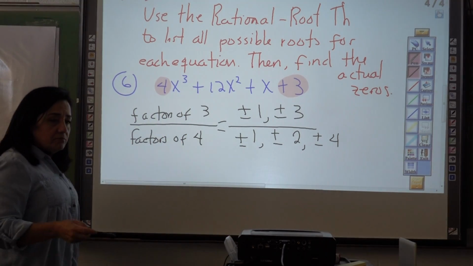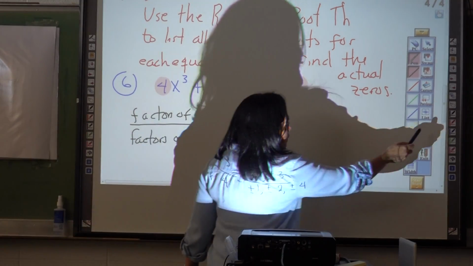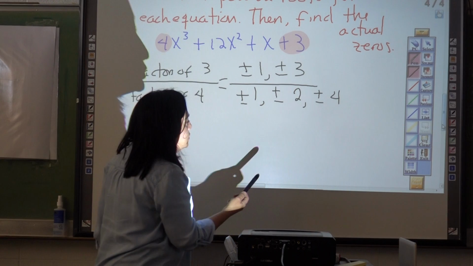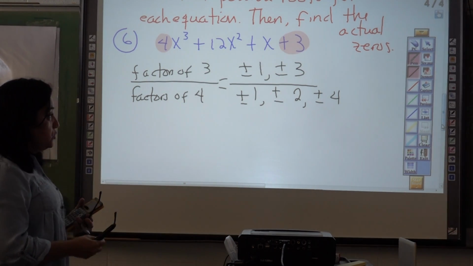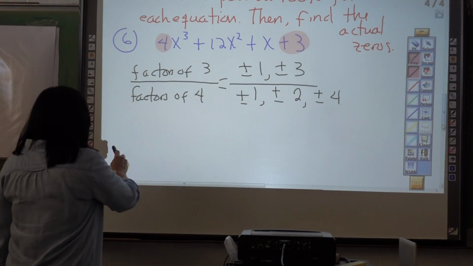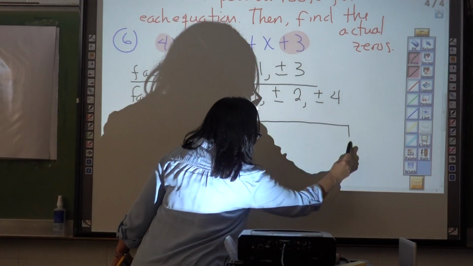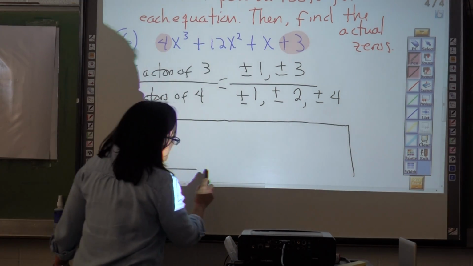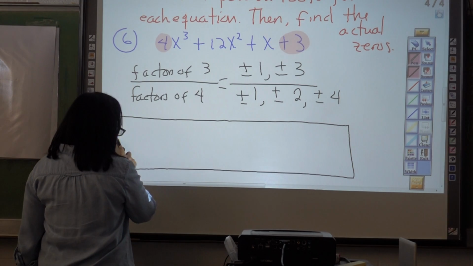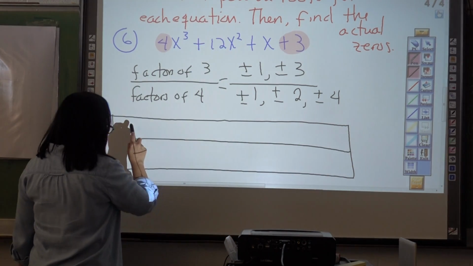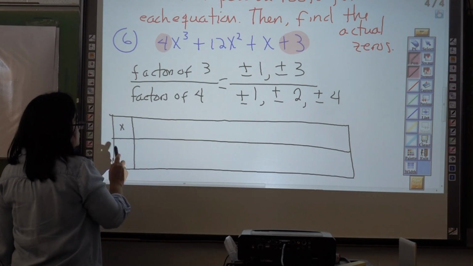Then we go from here, combining all, right? We're going to try to see which ones are working. So we're going to make a table here, and with the use of a calculator, we're going to find them very fast. This is going to be x, and this is going to be p of x.